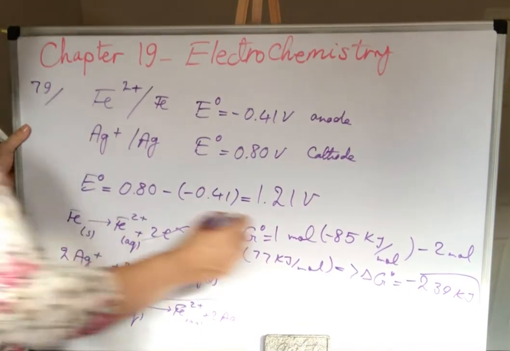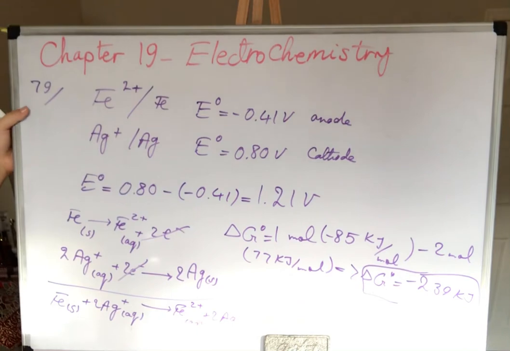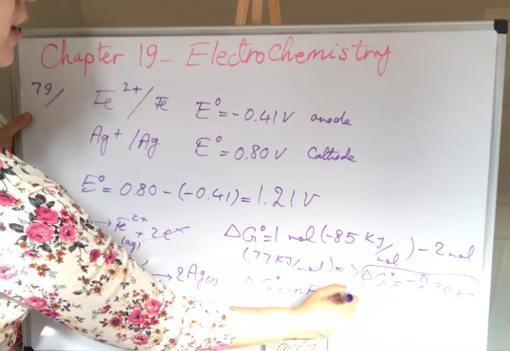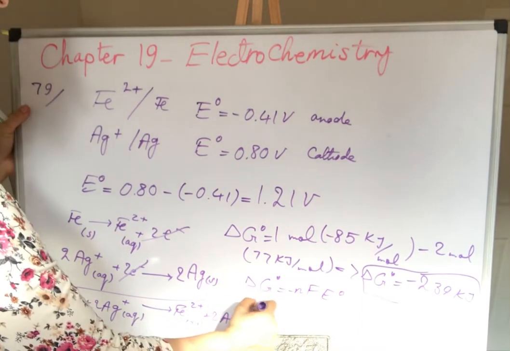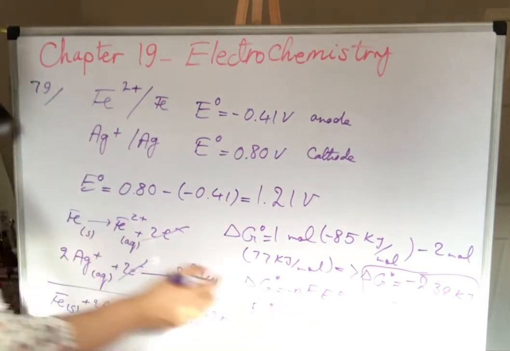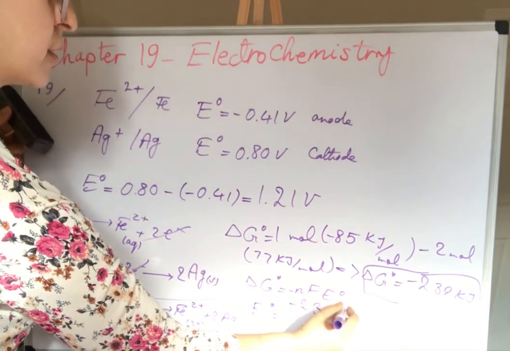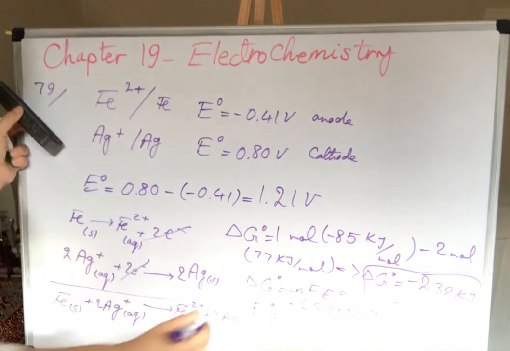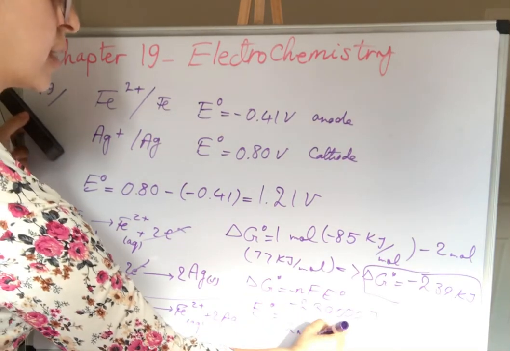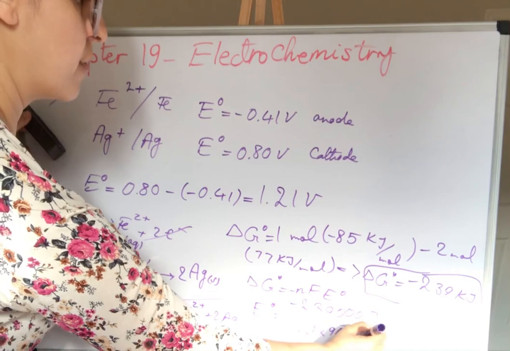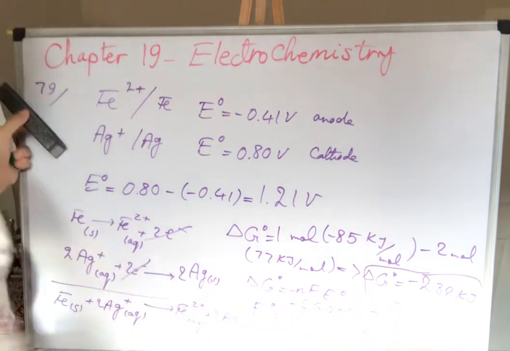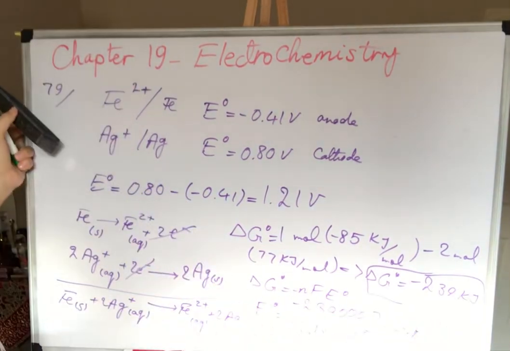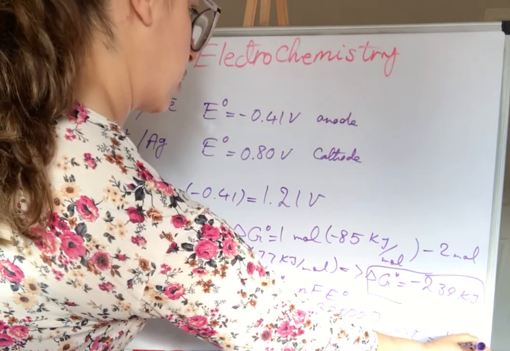Now we can use delta G standard equals minus nFE. Then E is going to be minus 239,000 joules divided by how many moles of electrons did you have? 2 times F, 96,485 coulombs per mole, and E is going to be 1.24 volts.